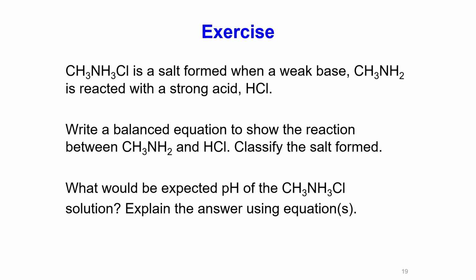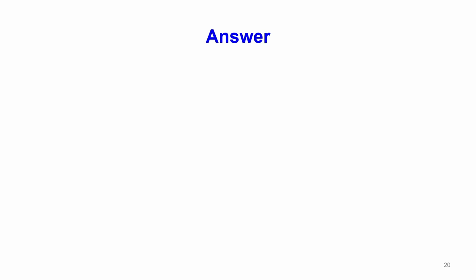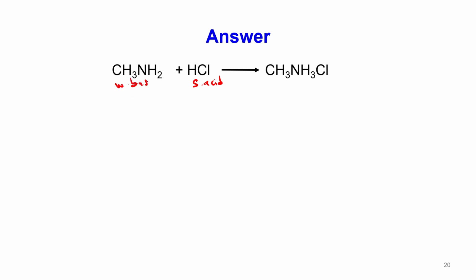Explain the answer using equations. So first write the equation between a strong acid and a weak base. This one is our strong acid, and this is our weak base. Then we will produce CH3NH3Cl.